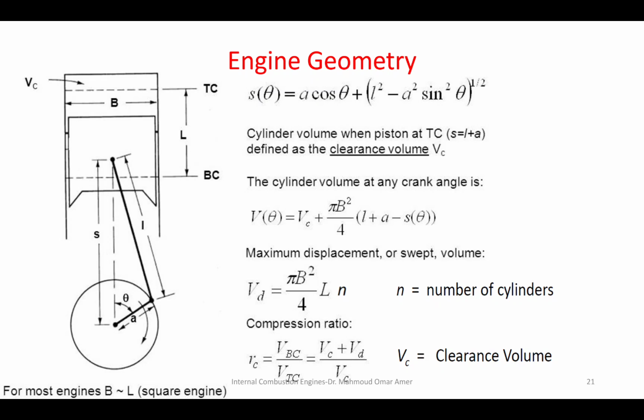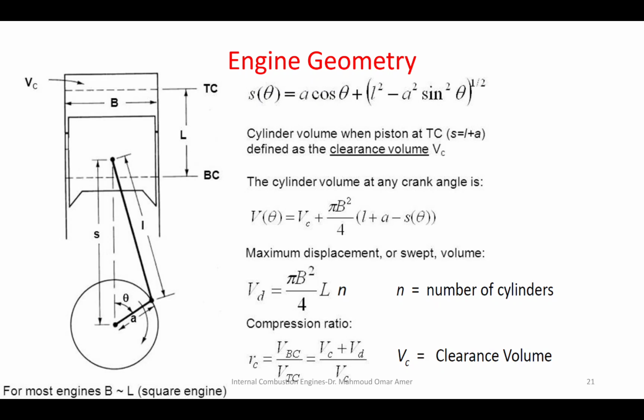And the compression ratio, RC, is the maximum volume over the minimum volume. Maximum volume is when the piston is where? At the bottom dead center. So the volume above it is VD plus VC, divided by the minimum volume.